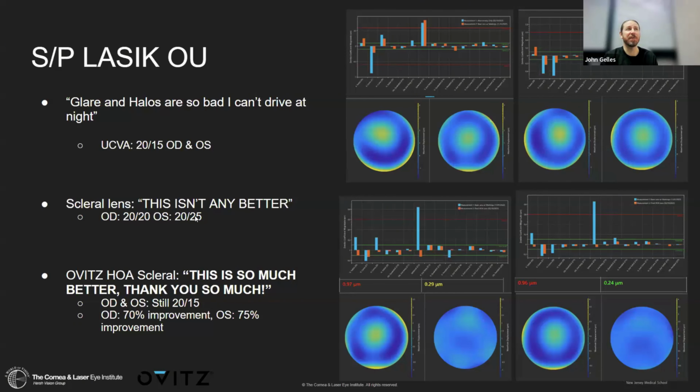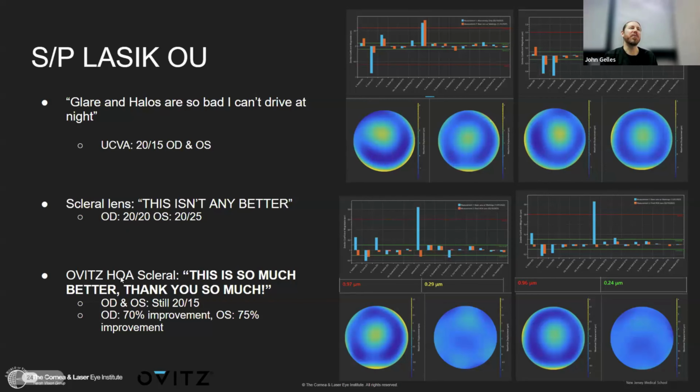He's 20/20 and 20/25. What you can see here is his uncorrected, unaided vision, bare eye, on the left-hand side. And this over here is with the standard scleral lens. You can see there's almost no difference in the amount of spherical aberration that's coming through for this individual.